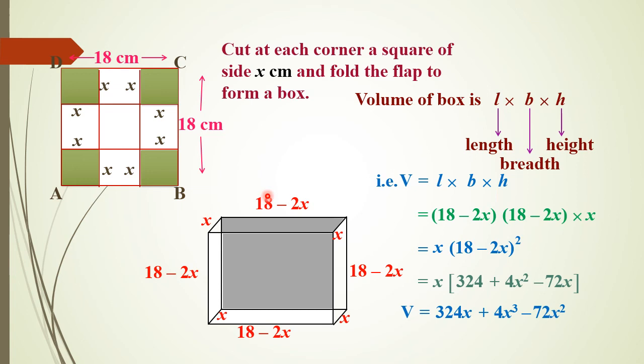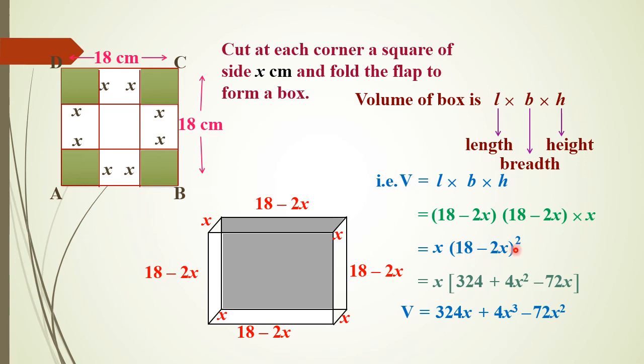So the volume of the box is length into breadth into height, V equal to LBH. Length is 18 minus 2x, breadth is also 18 minus 2x, and height is x. So V is equal to x into 18 minus 2x whole squared. Next, differentiate it with respect to x.